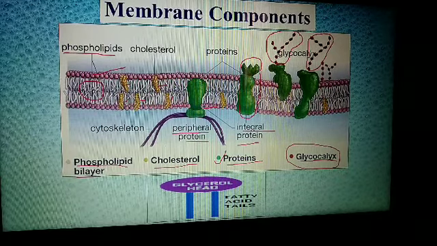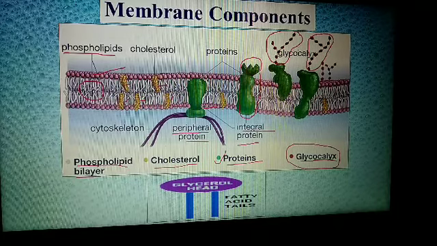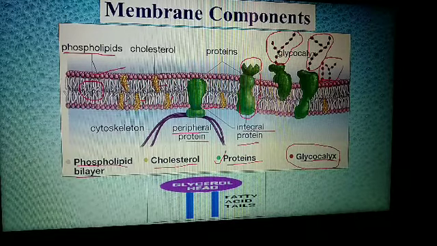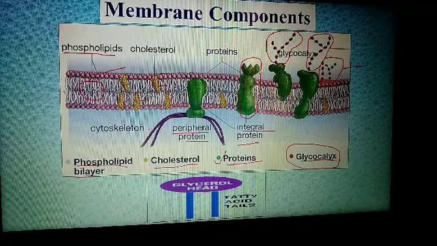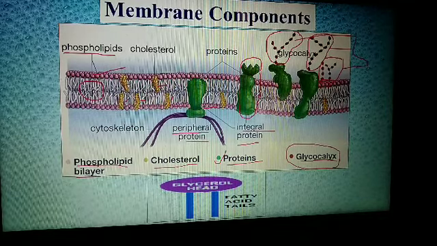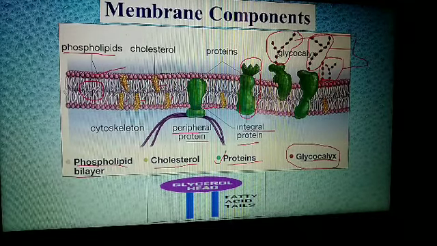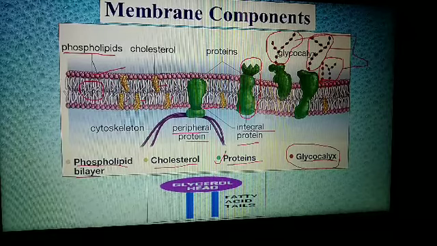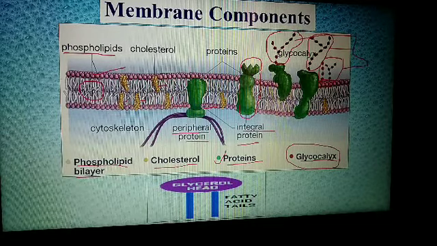And those carbohydrate molecules which are attached with lipid or phospholipid are termed as glycolipids. The main functions of these glycoproteins and glycolipids are that they allow cells to recognize each other, and also help in cell recognition, in communication and also in intercellular adhesion.